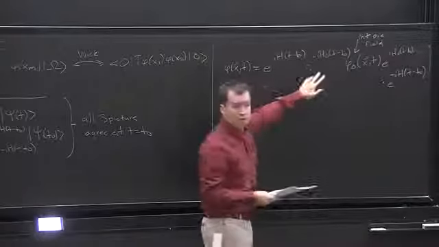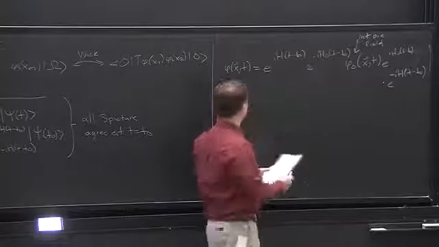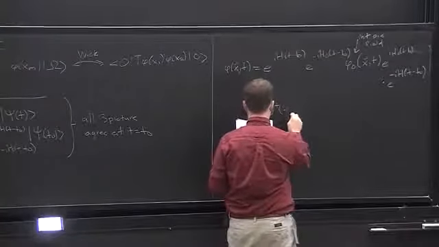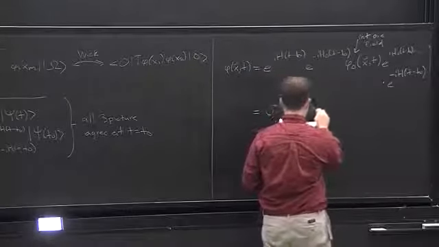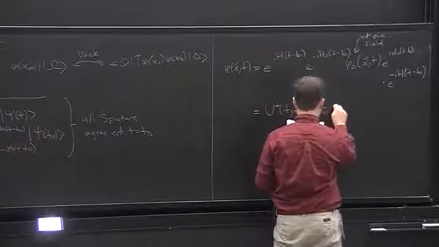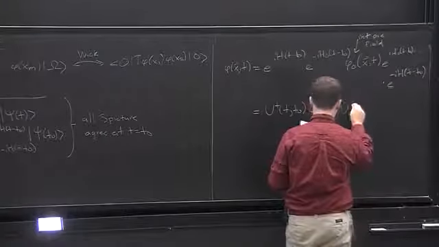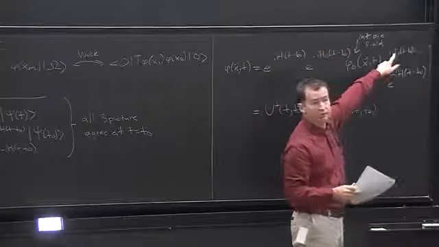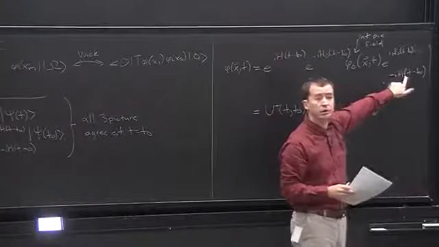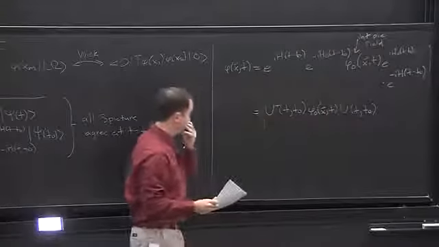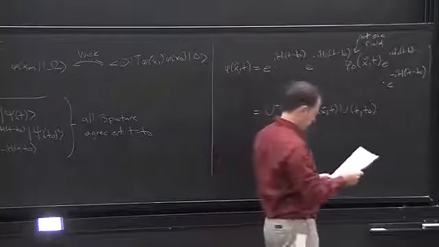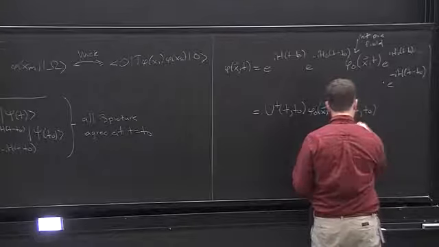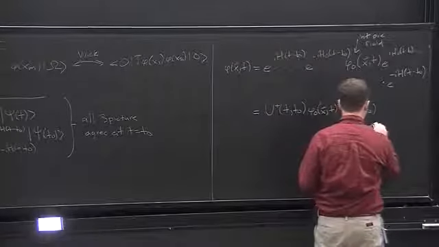Because this combination of factors is going to show up repeatedly, I'm going to give it a name. I'm going to call this U dagger of t naught, phi naught of x and t, times U of t naught. So U is just this exponential of the free Hamiltonian times this exponential of the total Hamiltonian, and U is the time evolution operator in the interaction picture.